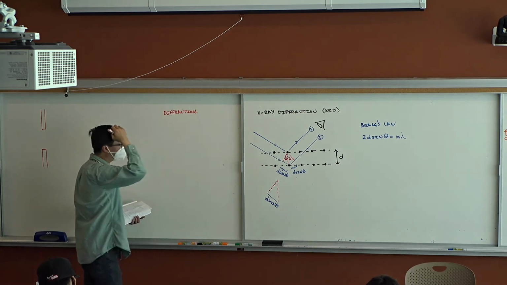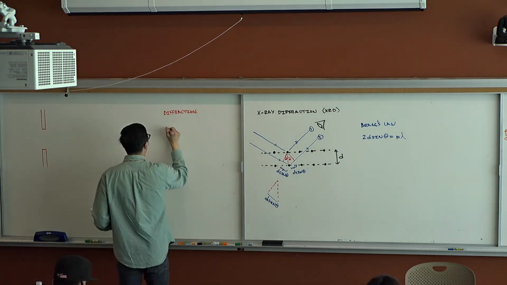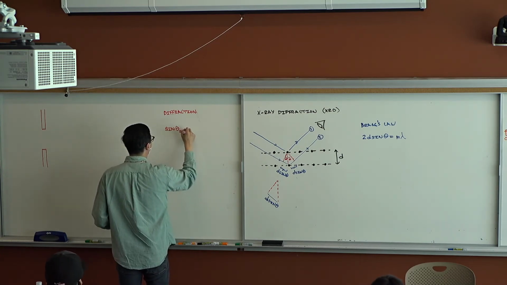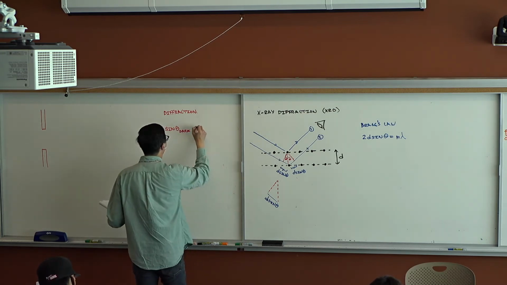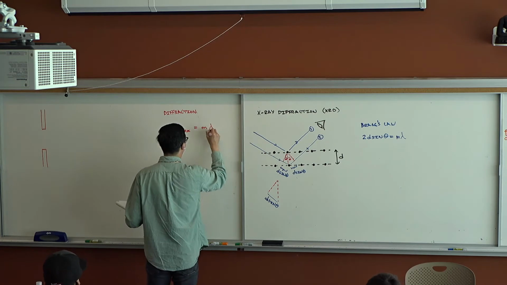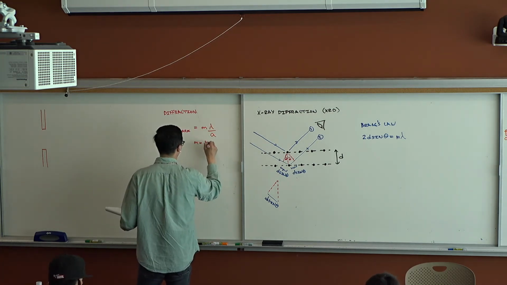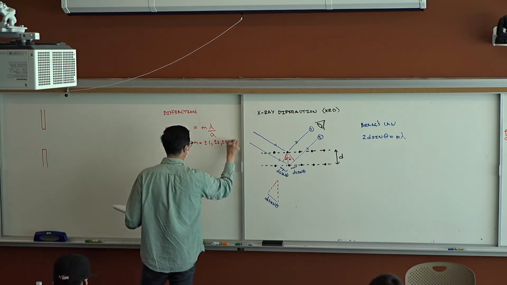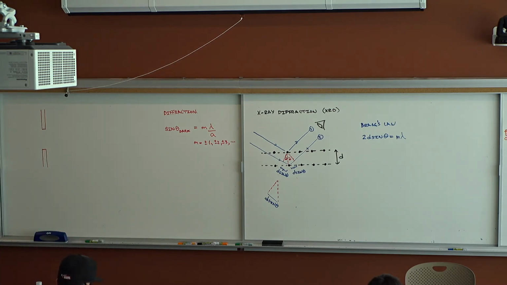And what we came to say is that for single slit diffraction we had that sine theta for the dark fringes just went as m times lambda over a, where m is some integer not 0.